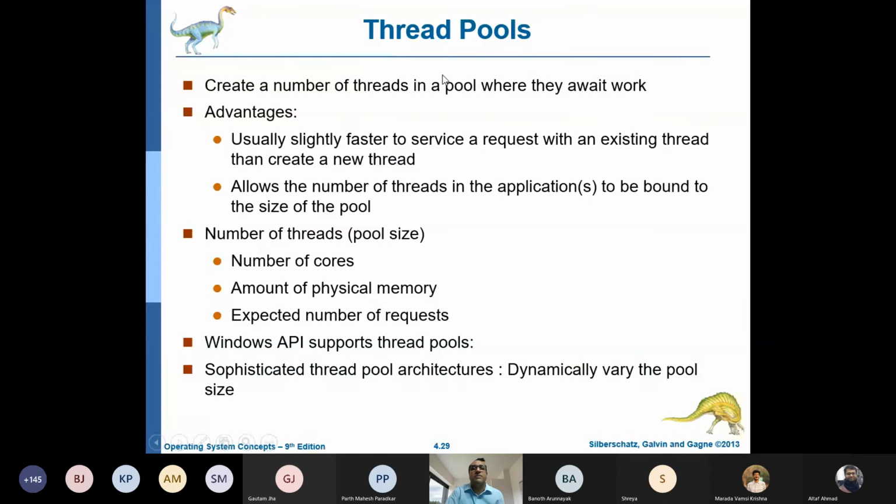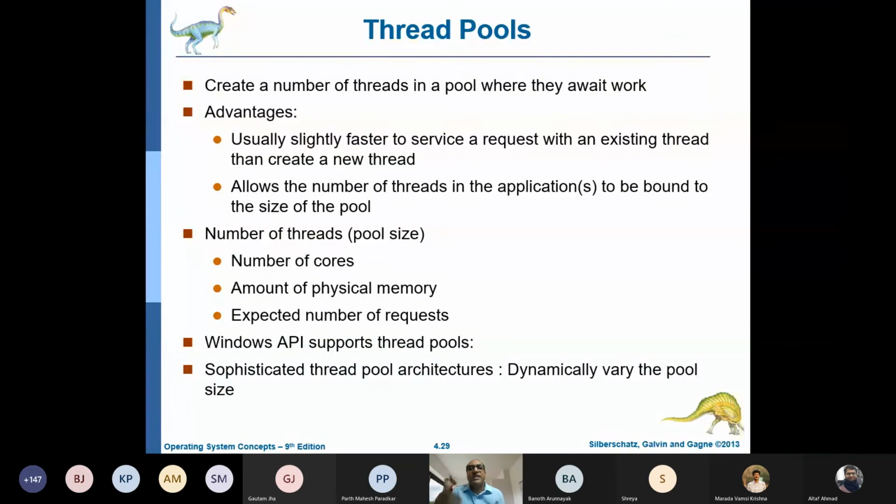In the case of thread pools, the idea is used, for example, in the client-server paradigm, as I mentioned. Suppose you have a web server, and a lot of requests arrive to be serviced by it, very frequently. Whenever a request comes, a thread has to be created, assigned to the request, and it has to be responded to.